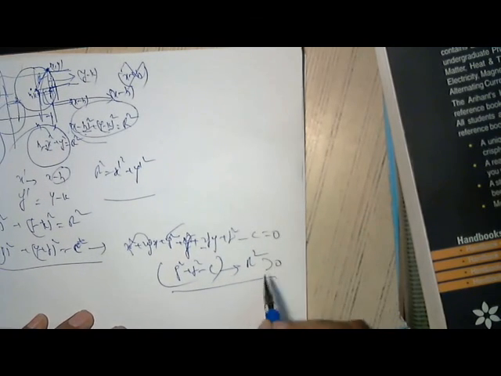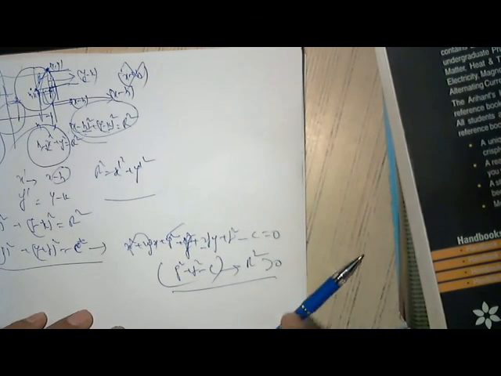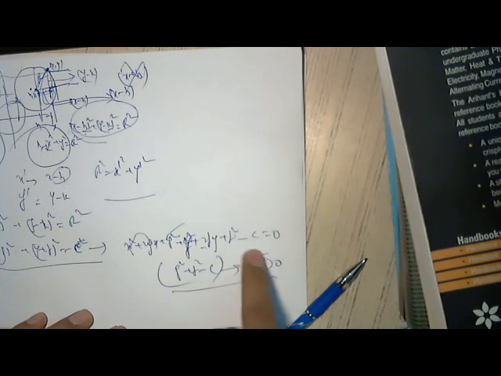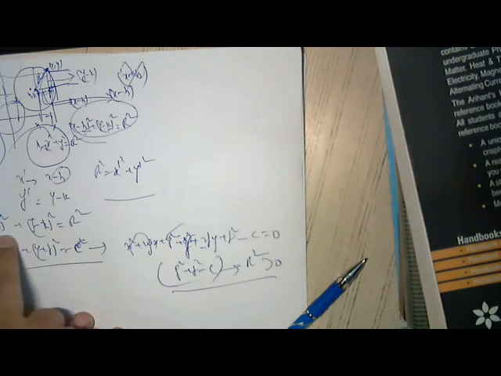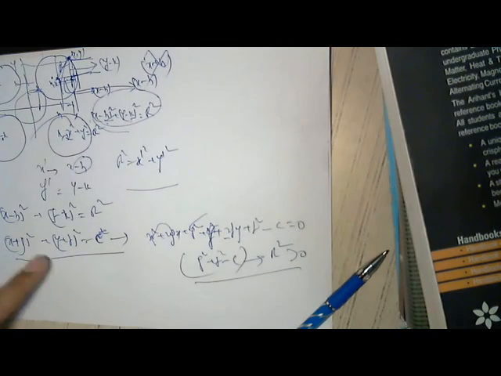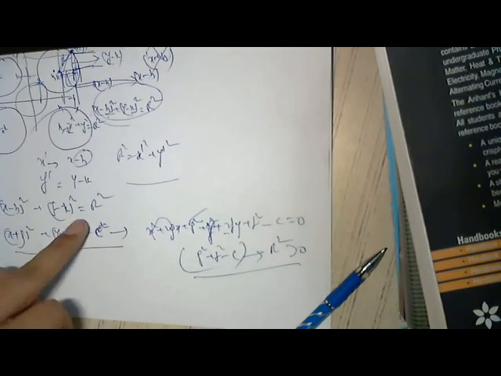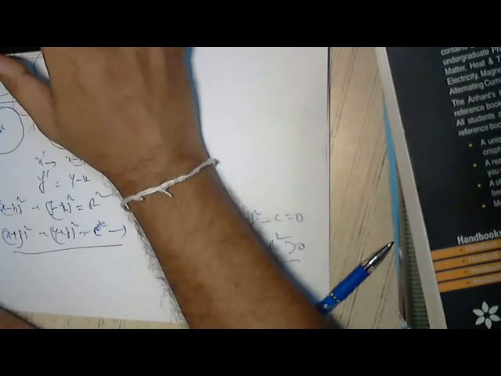It should be greater than 0. That is why this has come as r square. Because we have made it plus. When we make it minus, automatically the r squares will get cancelled. But we'll see.